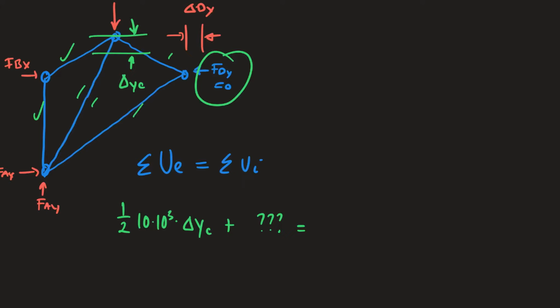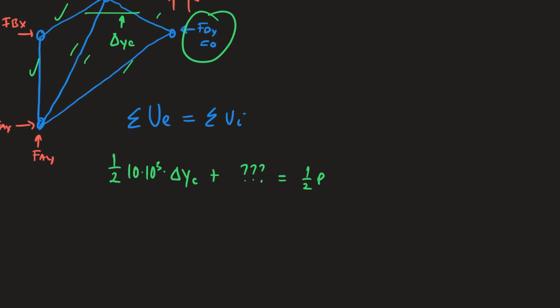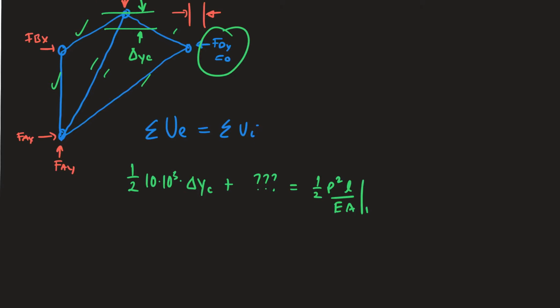So we've got half P squared L on EA for the first member, plus a half P squared L on EA for the second member, and so on.